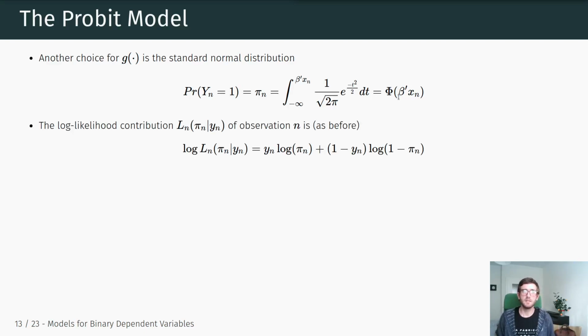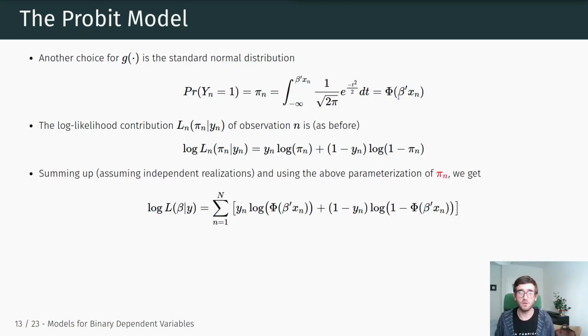We can go through the same process. Based on this parameterization of pi n, we can specify the log likelihood contribution for each observation, which is the same as before. The only difference now is that our pi n looks slightly different. Rather than using the logistic link function, we now have this phi of beta prime xn in there.